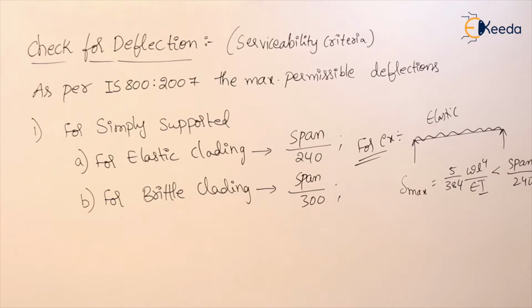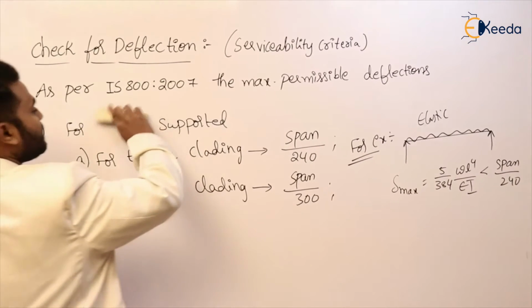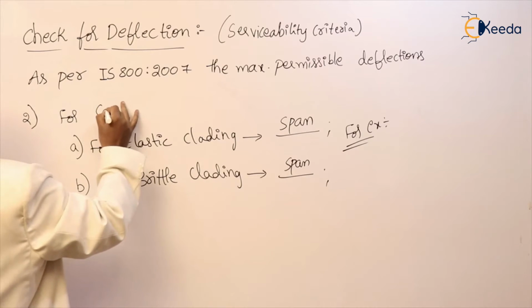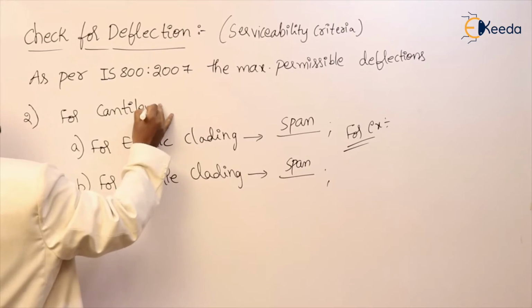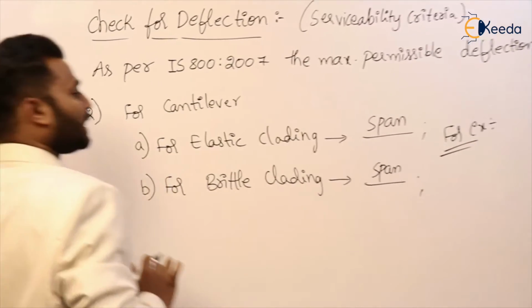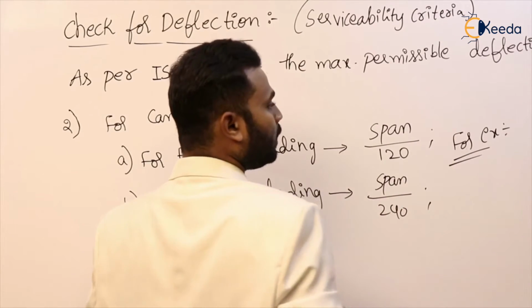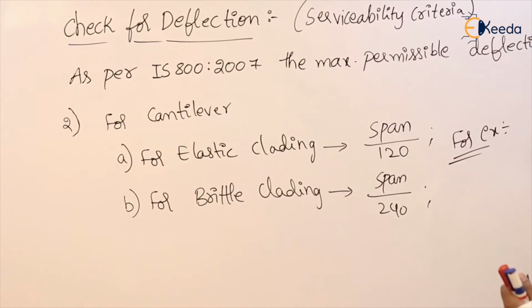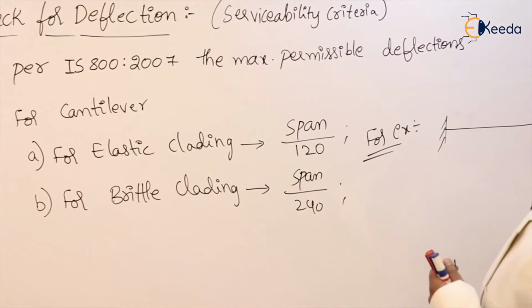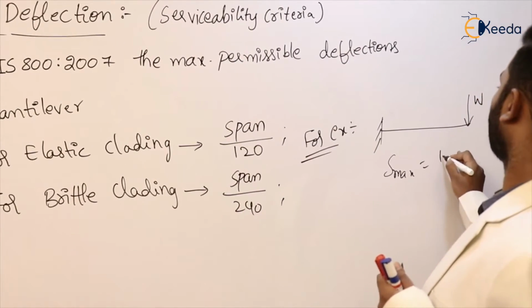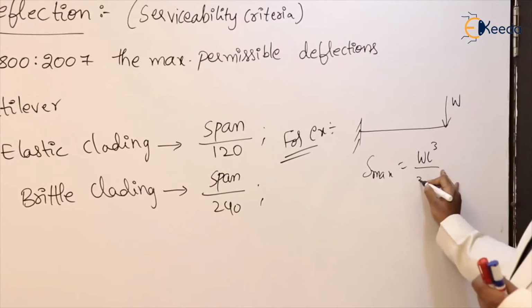Next, let us see a cantilever. For a cantilever, for elastic cladding it is span by 120 and for brittle cladding it is span by 240. Take a cantilever beam with point load W. What is the end deflection, delta max? It is WL^3 by 3EI.